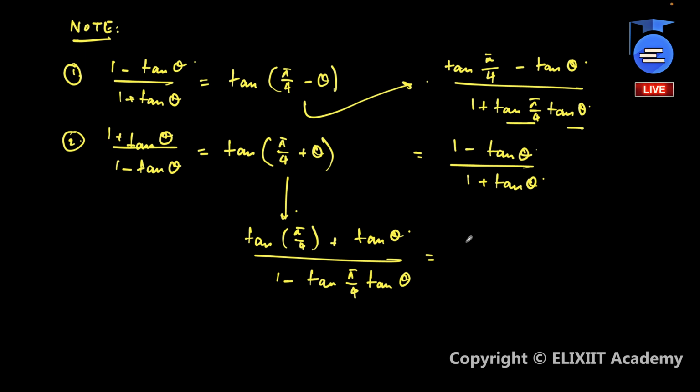Tan pi by 4 is 1, so this is 1 plus tan theta divided by 1 minus tan theta. Hence proved. So these two relations are important observations. You must definitely remember them.